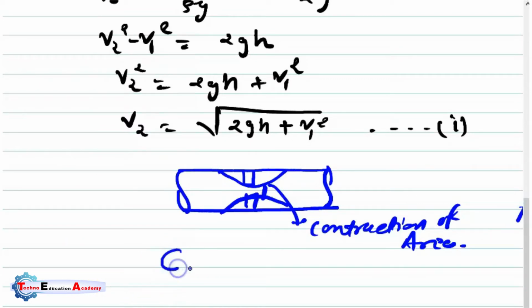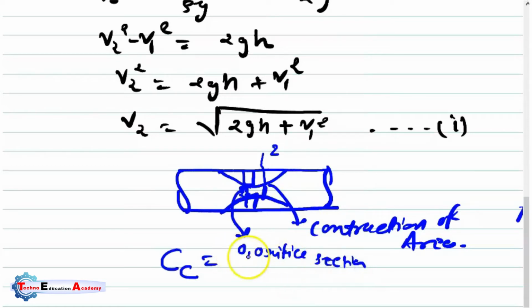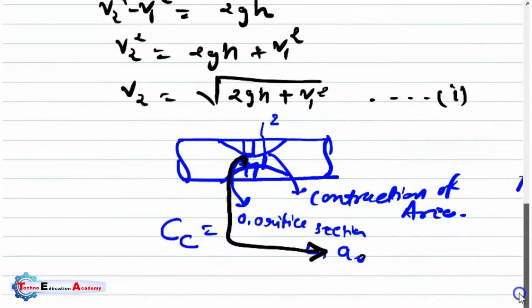It is called the coefficient of contraction, Cc. Here section 2 is there, and here is section O, which means the orifice section, with area A0, the area of the orifice.